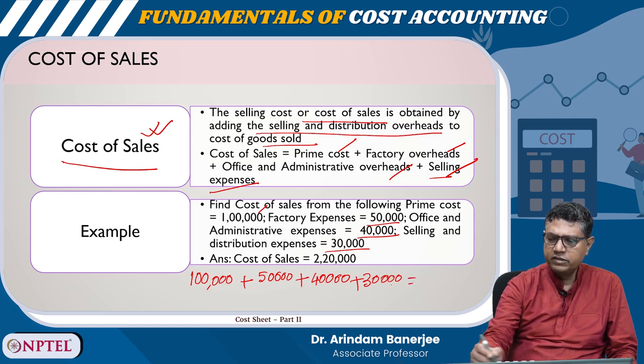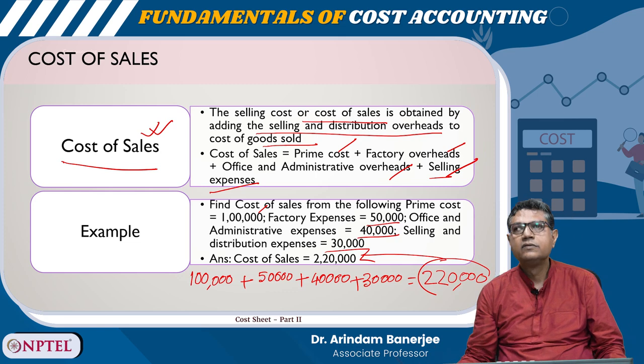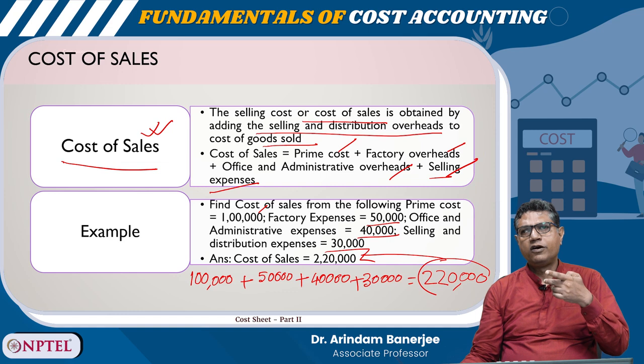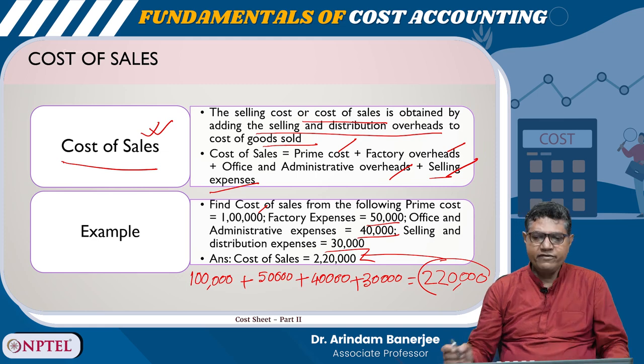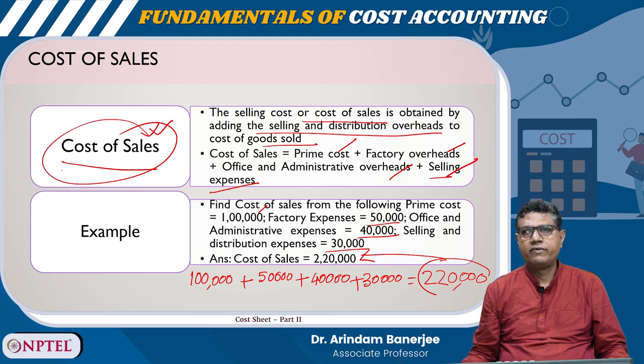So you are getting 2 lakh 20,000, which is the same as this. We have taken prime cost first, with prime cost we added the factory overheads, with that we added the administrative overhead, and now we are adding the selling and distribution overheads to arrive at the cost of sales.